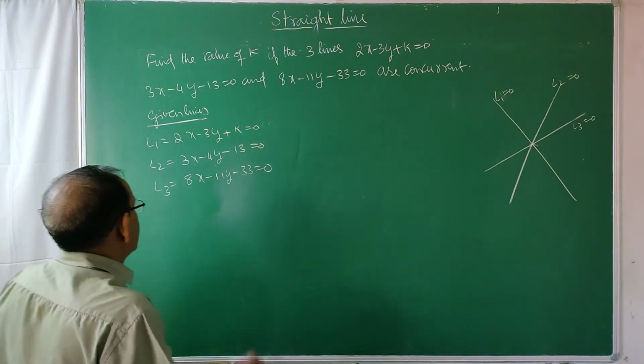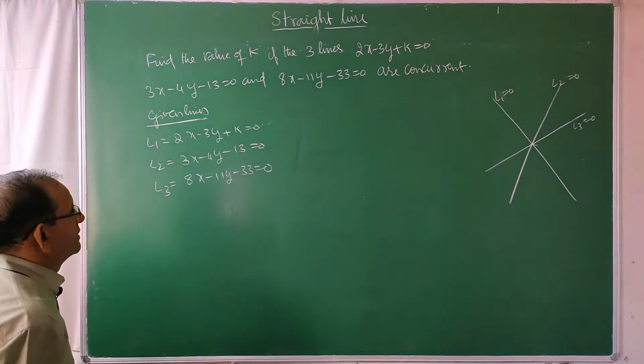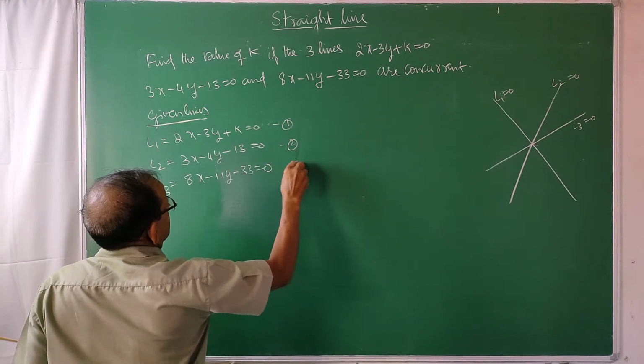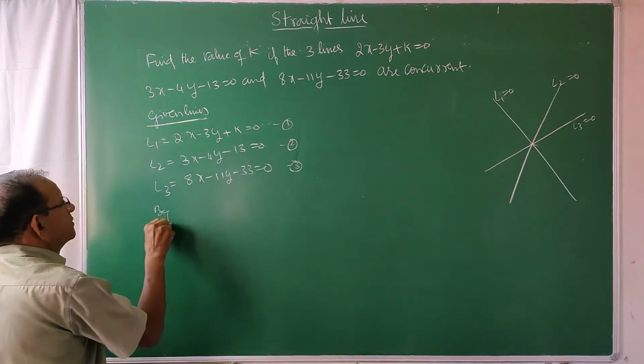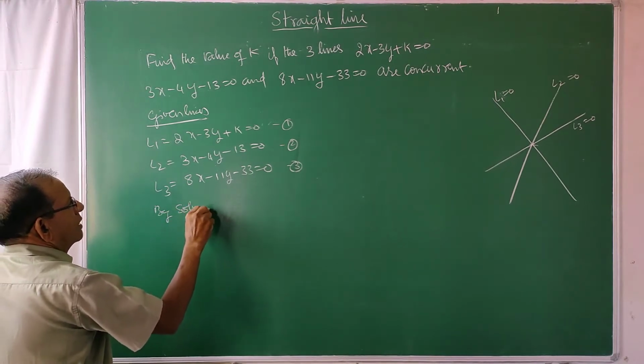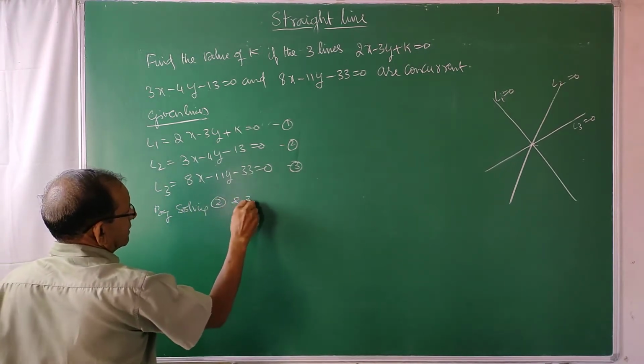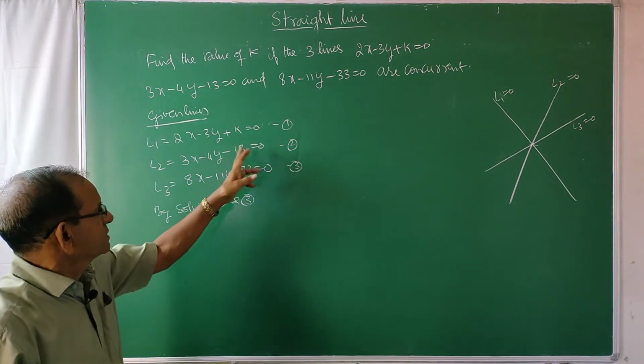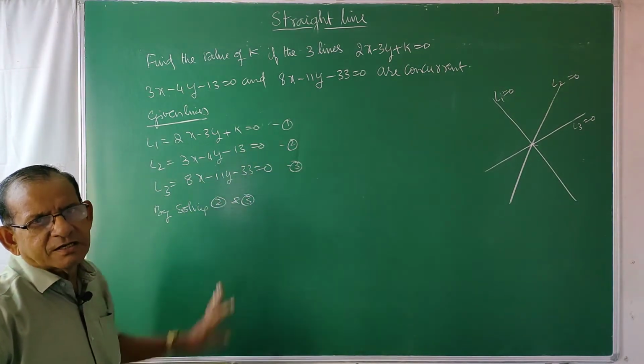Now let us solve these two. This is 1 and this is 2, by solving 2 and 3. Let us use the cross multiplication method to solve the equations. For that, the constant should be on the left side, so it is already there on the left side.